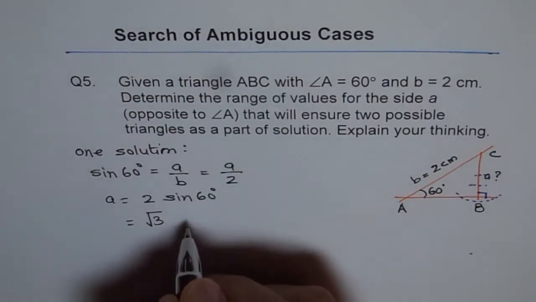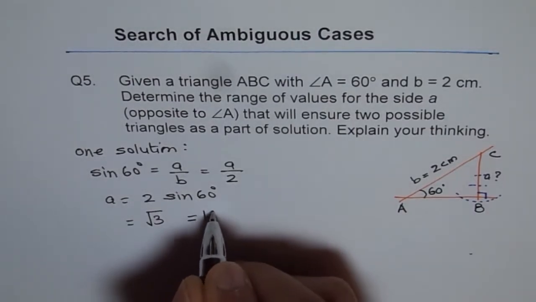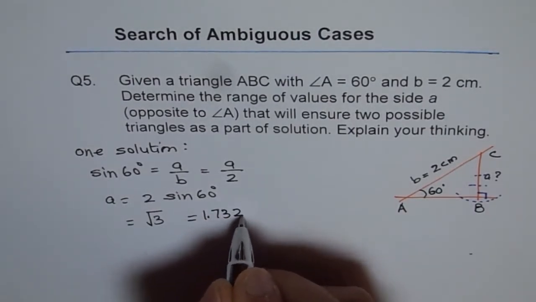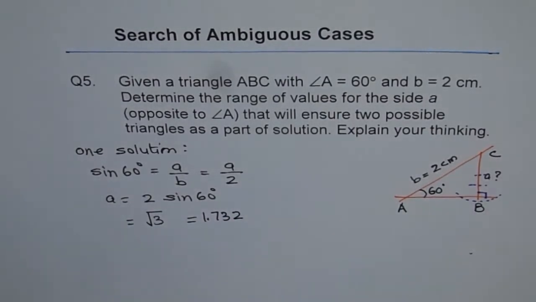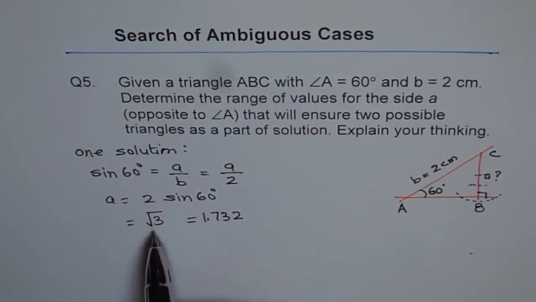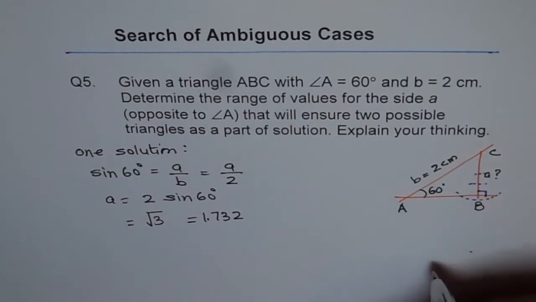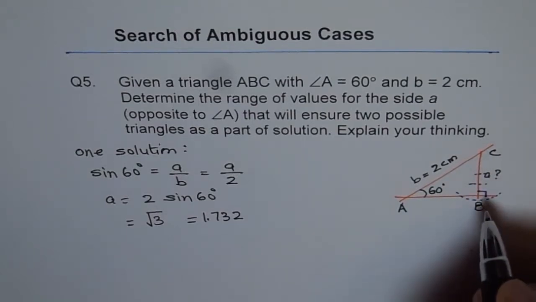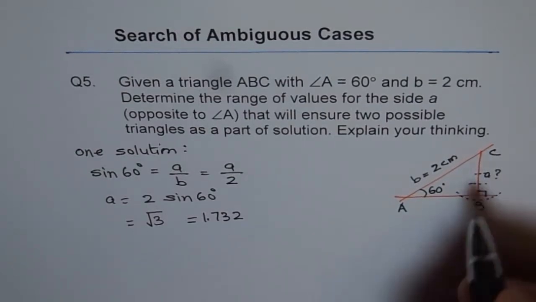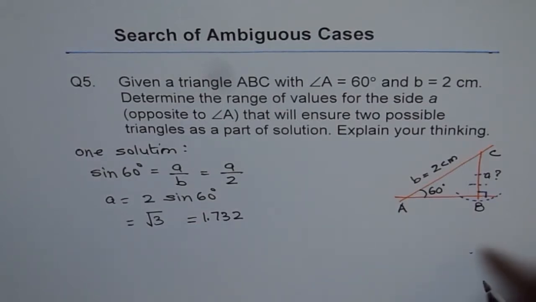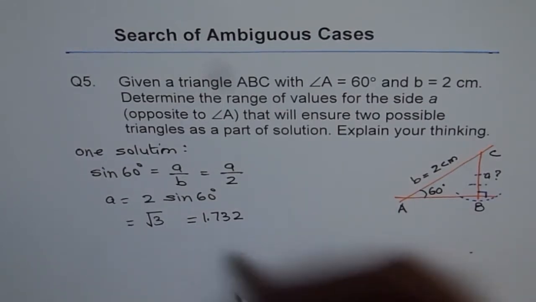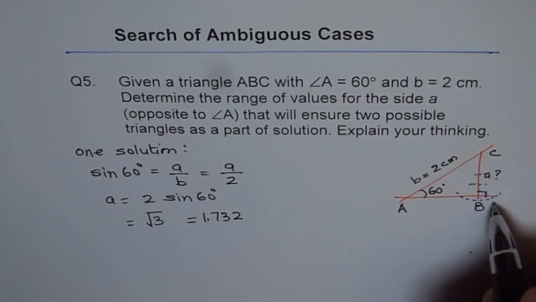So we can use any of these values, right? A equals square root of 3. At that time, we get a right angle, correct? So A should be more than square root of 3 to give me two solutions.